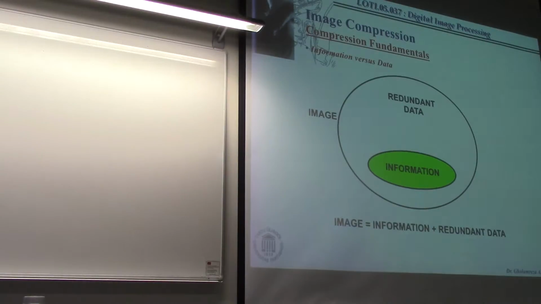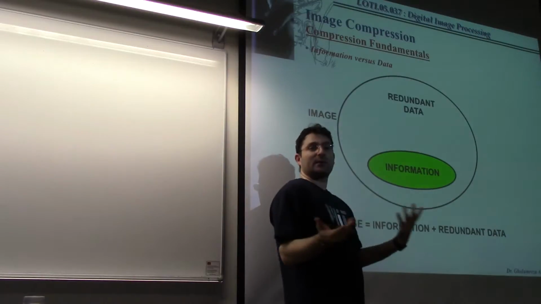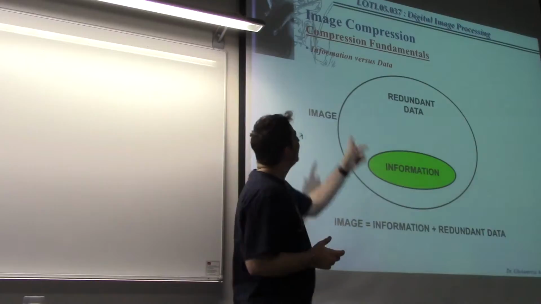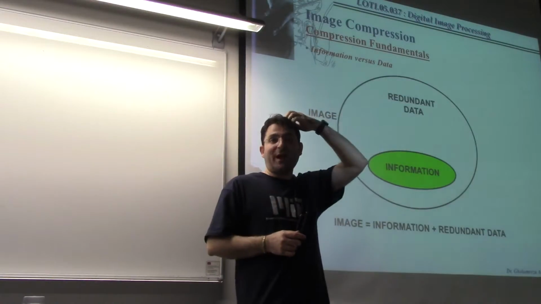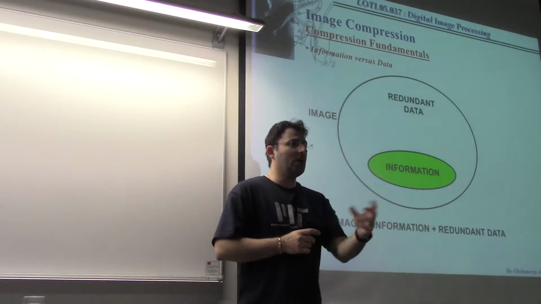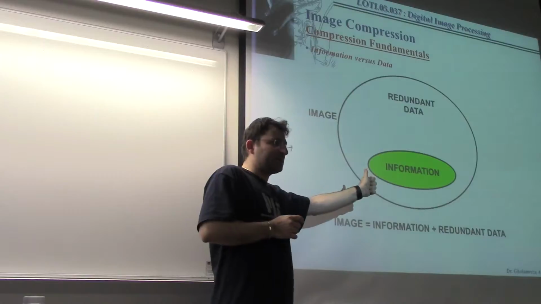Okay, we said that we have data redundancy. And this is a university, graduate level course. So when we say that there is a lot of redundancy in this image, we have to be able to give some quantitative results too, to say that there is 90% or 10% redundancy.